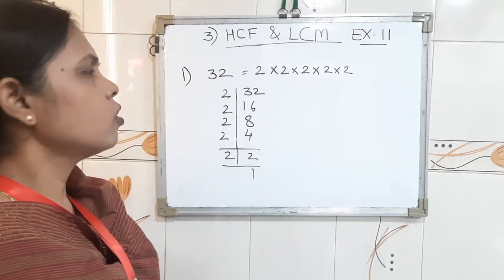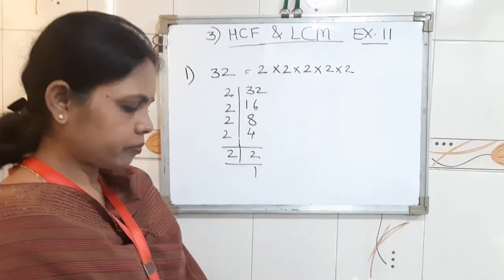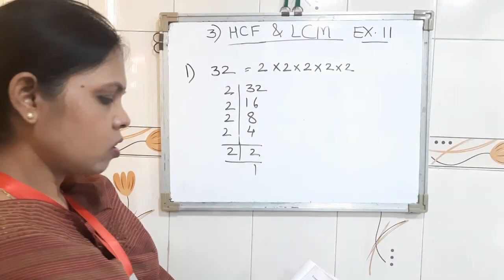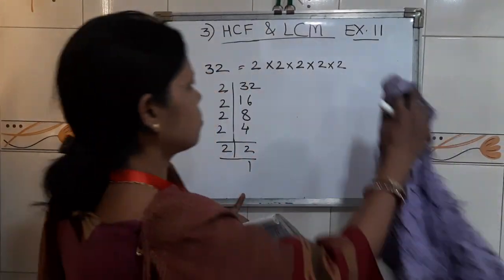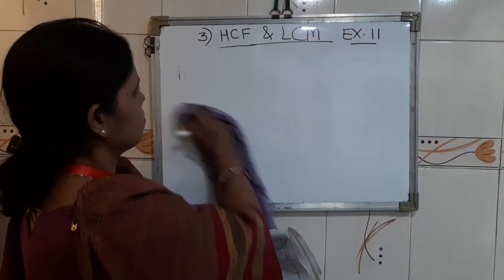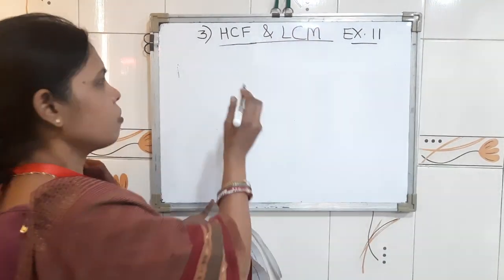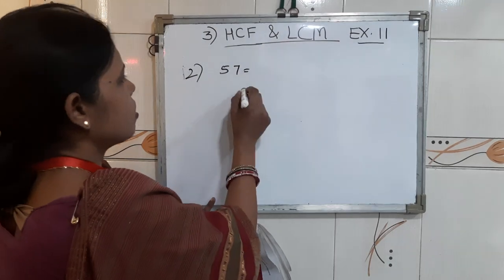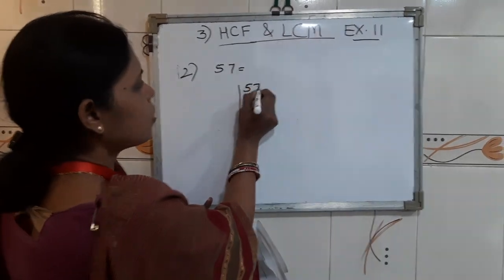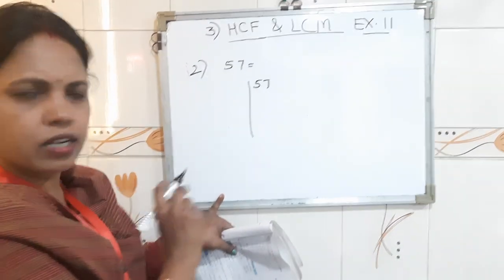We will move to our next question, that is 57. For 57, we will write the second one. First we will see the vertical method for 57.